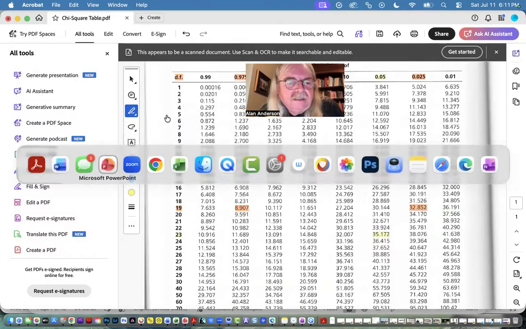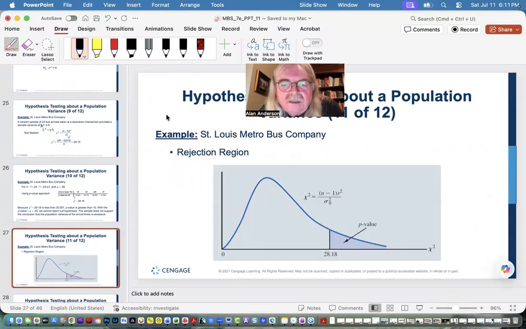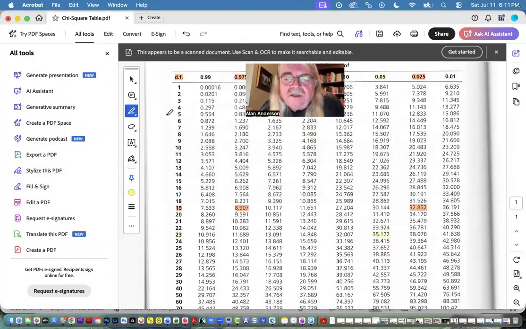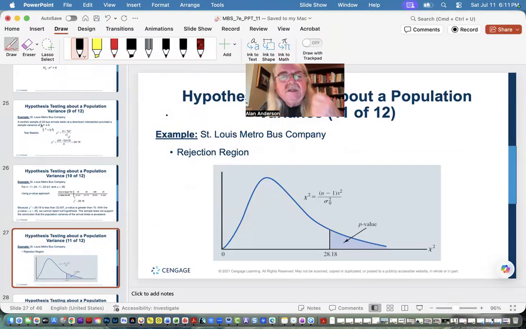All right. What are they going to have us do now? See, now the p-value is there, but the calculator doesn't have the chi-square built into it that we need. It would have to be the inverse of the chi-square distribution, and it has the chi-square, but not the inverse.